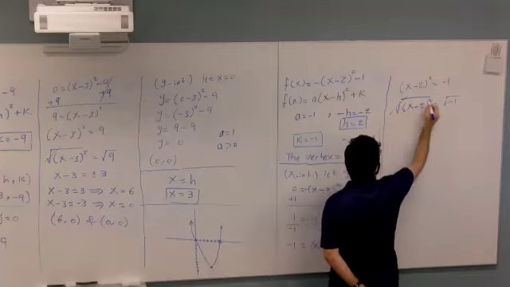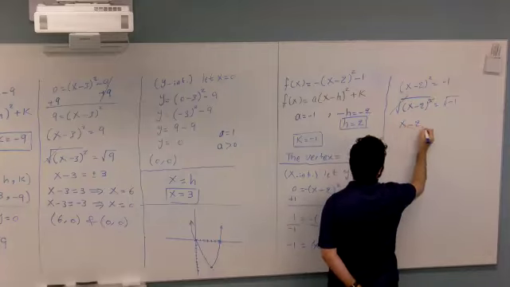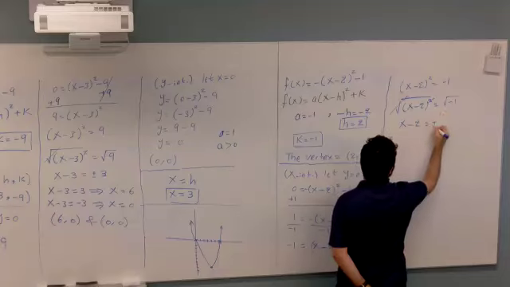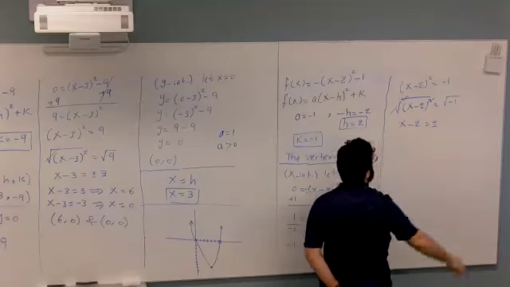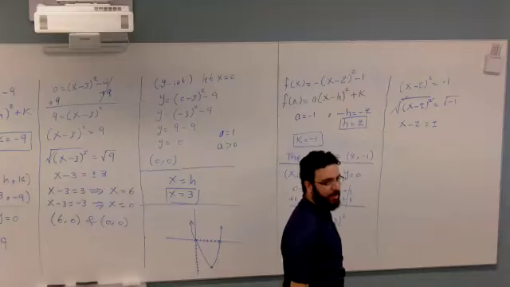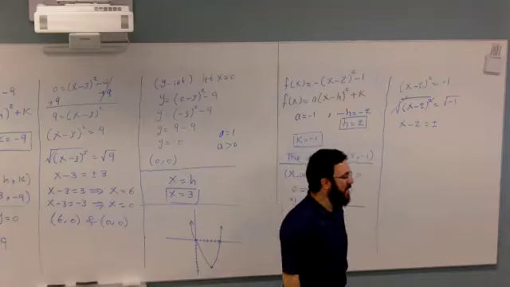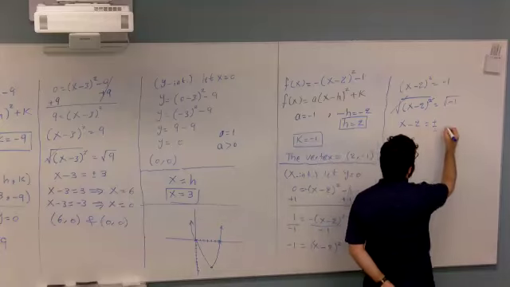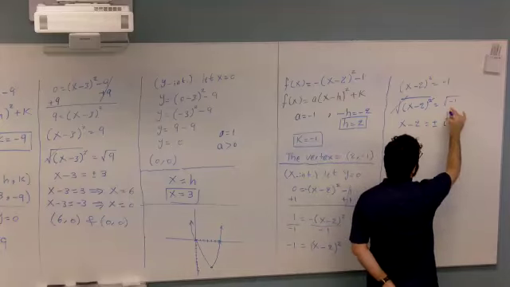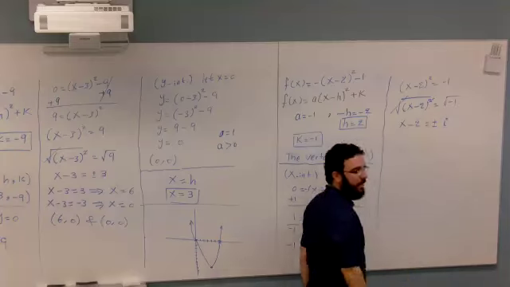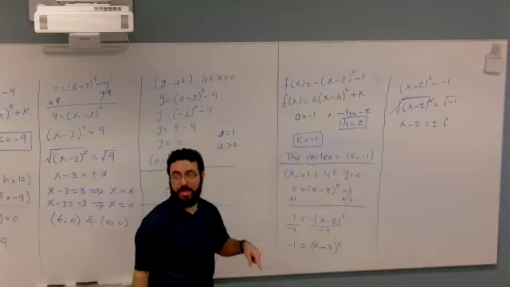On this side, what's left? x - 2. Plus or minus, what's the square root of -1? Imaginary. The negative sign is going to be what? i. Square root of 1 is 1. That's it. So it's going to be plus or minus i.